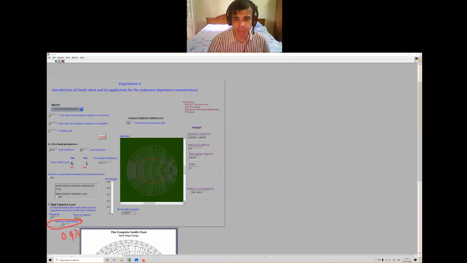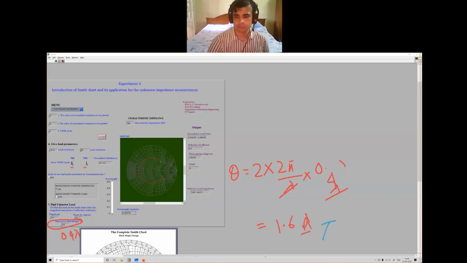So this theta becomes 2 times 2 pi by lambda times 0.4 lambda. So this lambda gets cancelled, and this becomes 1.6 pi.